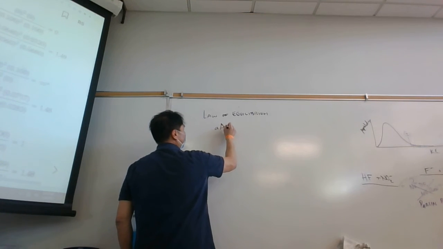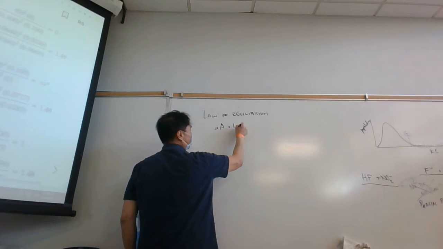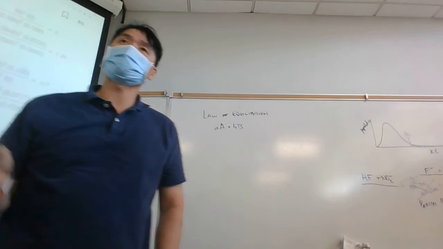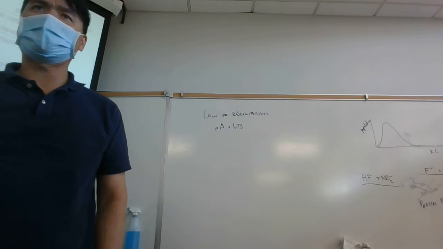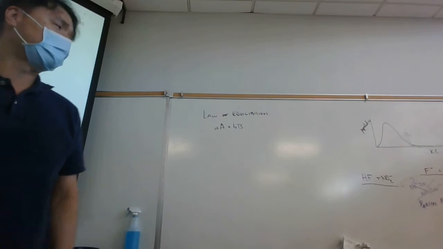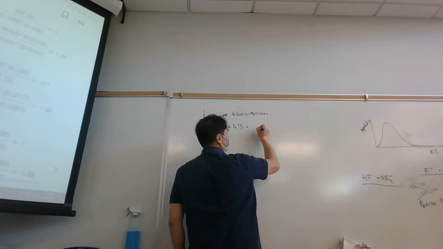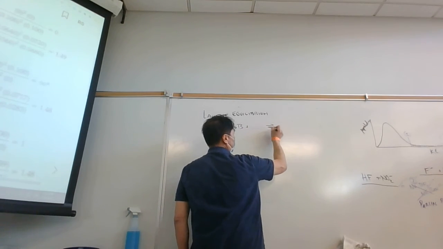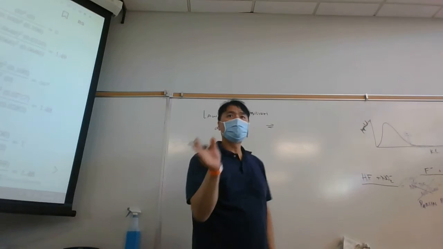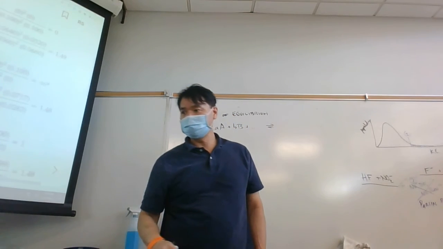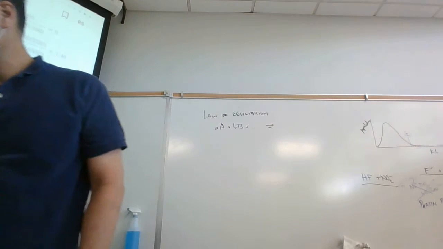We try this pattern on a whole bunch of different reactions. And so we'll just take a generic reaction. This is a generic reaction. Little a is the coefficient, big A is the reactant, little b is the coefficient, big B is the reactant, plus however many reactants there are. And this is going to be two-way. Some can make it uphill. So this is going to be two-way.